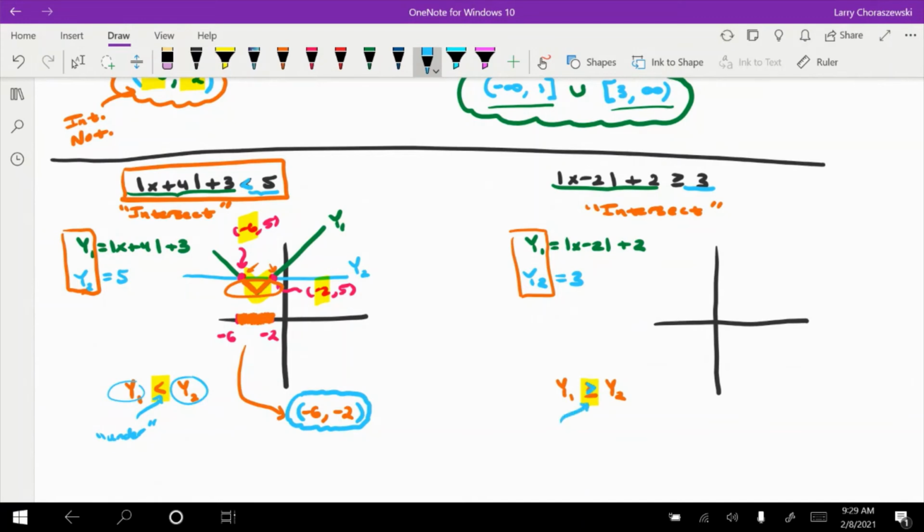The greater than symbol would tell us to look for the parts of y1 that are above the graph of y2. Okay? So let me go ahead and give you guys some time to graph these two equations out, find the points of intersection, and determine if there are any parts of the graph of y1 that are above the graph of y2. All right, I'll check in with you in a few minutes.